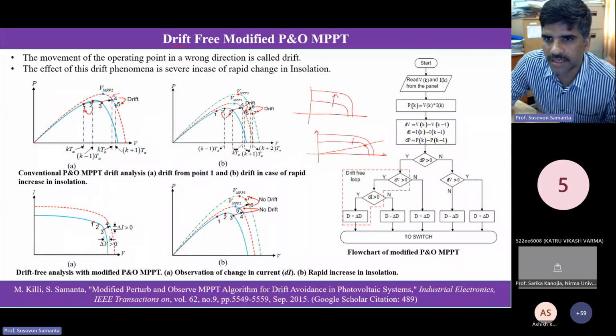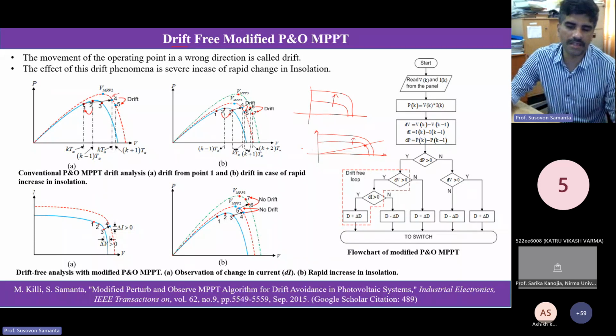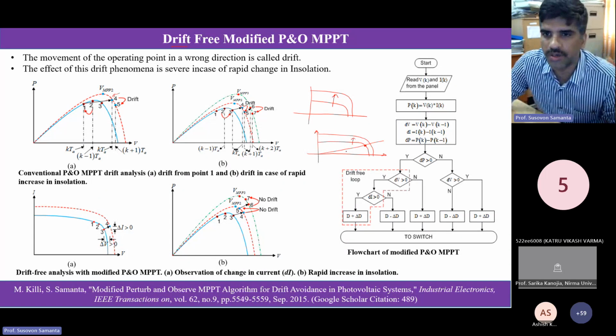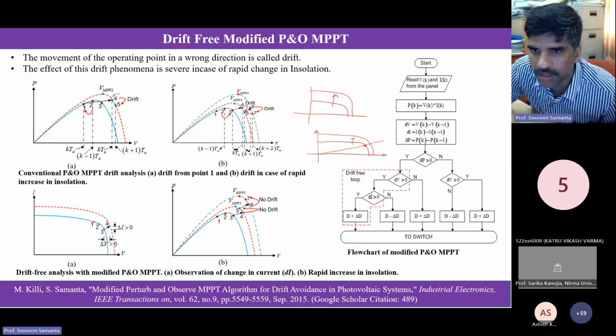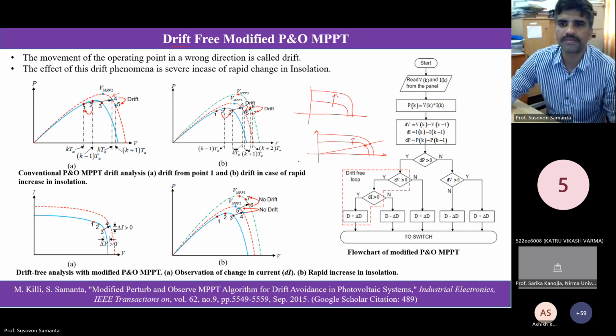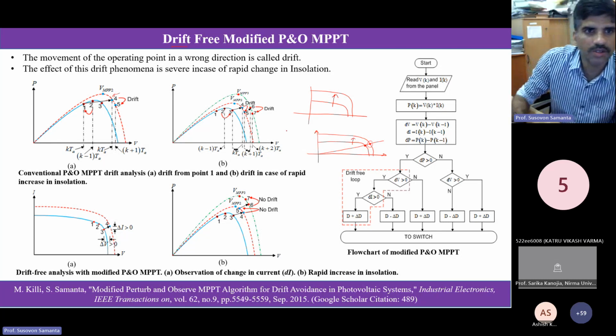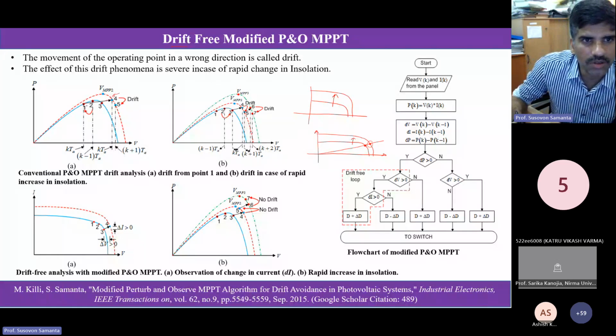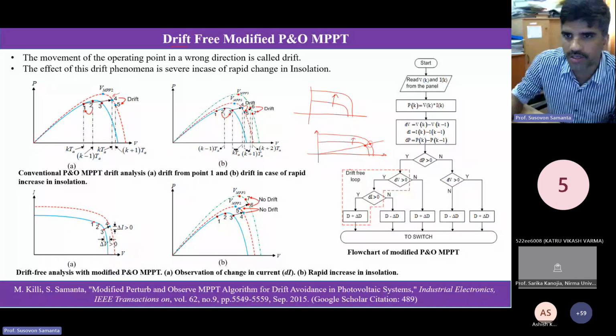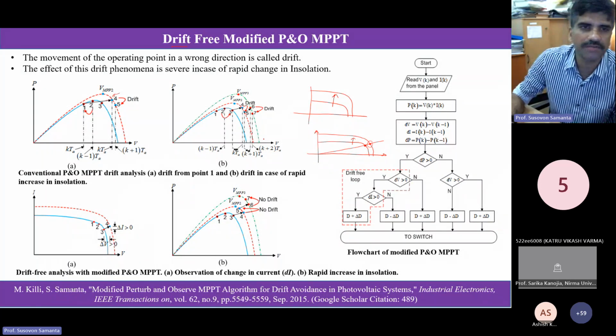Whenever there is an increase in irradiation, your new operating point will be this one. It will be to the right of the MPP point. That is why point 1 is shifted to point 4.